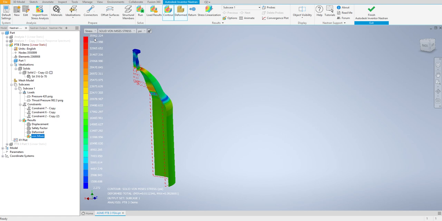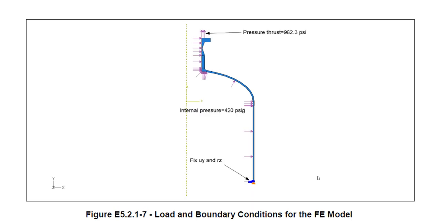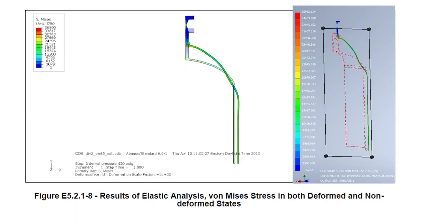So we can see the maximum stress, which is 35,962 psig, and let's see what the result from the PTB solution was, because PTB is run using different software. We can see here it's all in Abaqus and we are using Nastran.